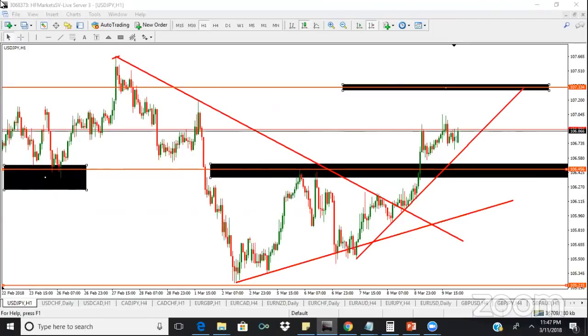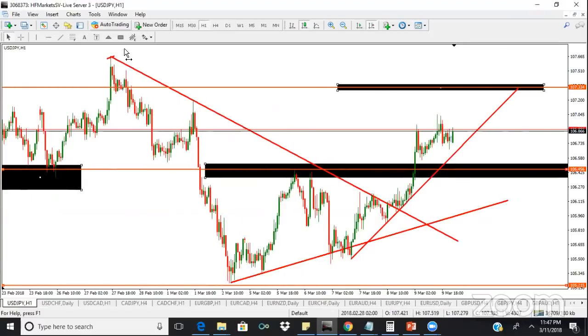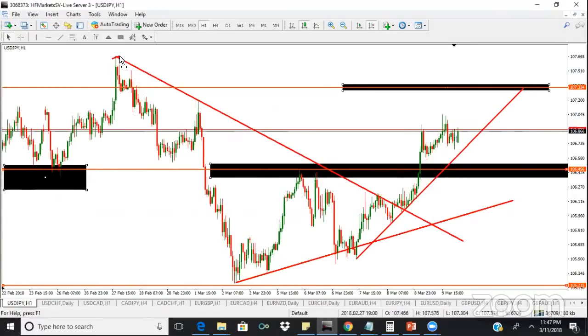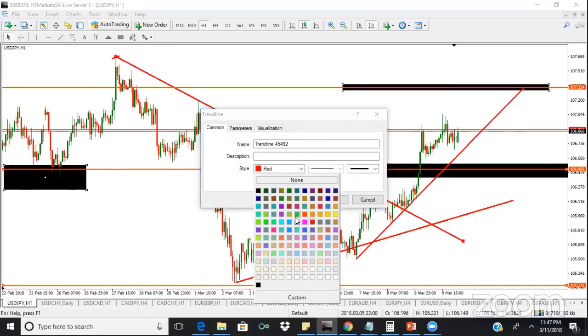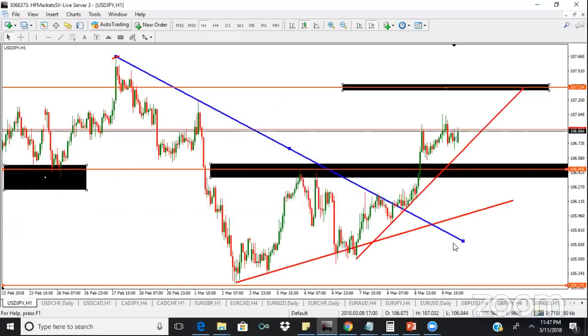This is it. This is the trend that we've been talking about. This is the trend line. I'll make it blue. That means the sell has been broken.